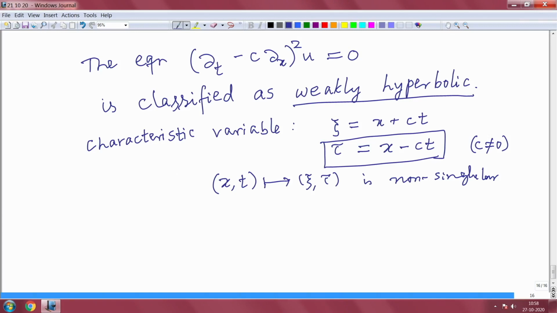Okay. So, again you do the computation. So, you see that the equation implies, after some computation, that del eta square u is 0. So, in these new variables, you show that del eta square u is equal to 0, and this does not resemble the heat equation.